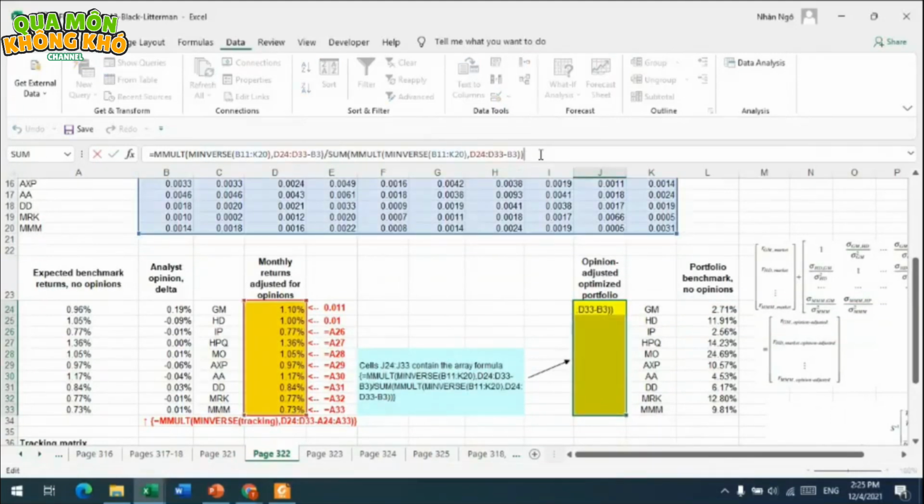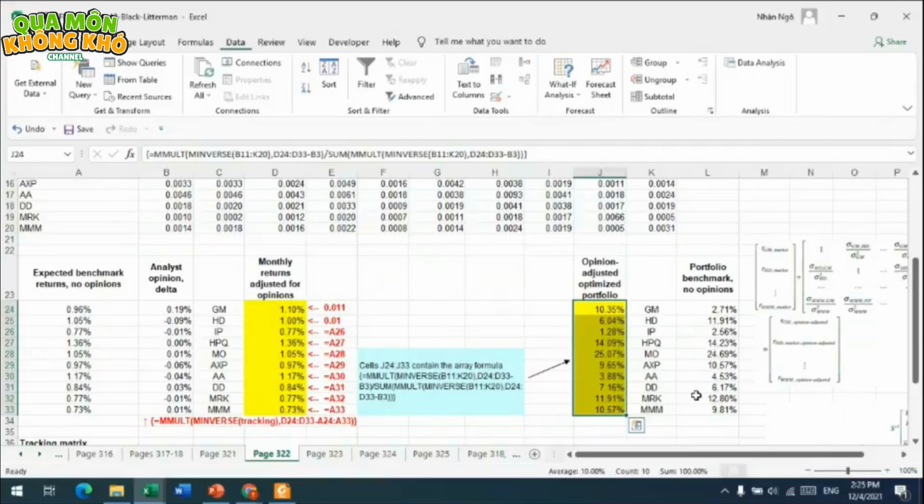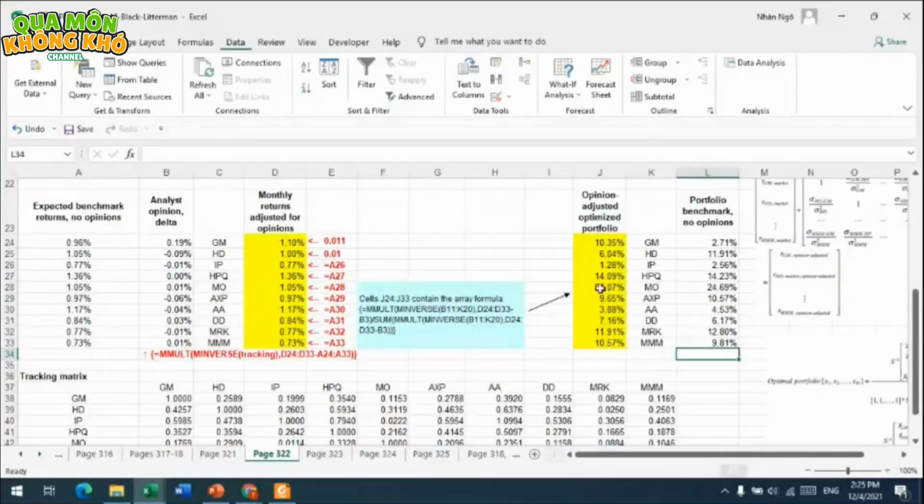We got a new adjusted optimized portfolio on multiple opinions. You can see this, and this is the first interpretation that I introduced to you in the PowerPoint.